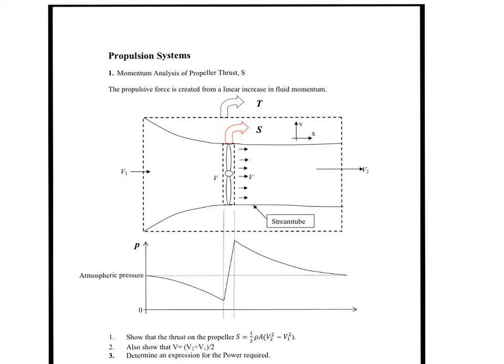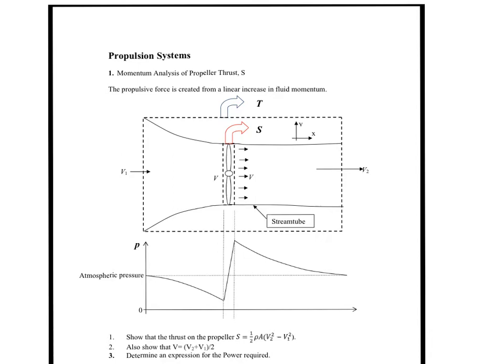Now, once you understand this very important basic concept, what we have to do is, one, show that the thrust on the propeller S is given by the difference in the square of the velocities V2 and V1. You notice the vector for the velocity V2 I have drawn as a longer line compared to the velocity V1.